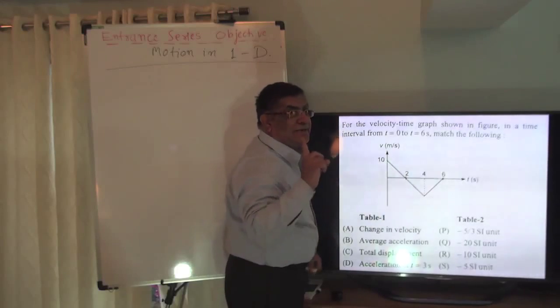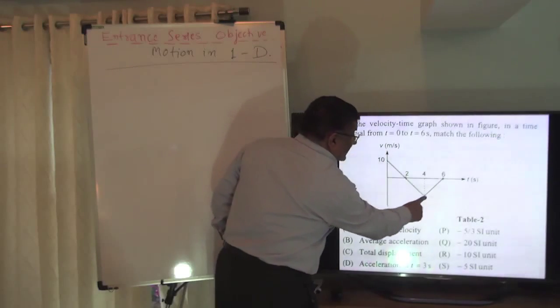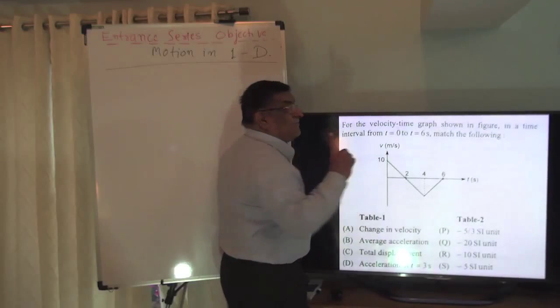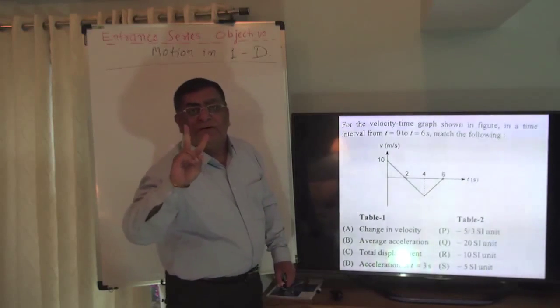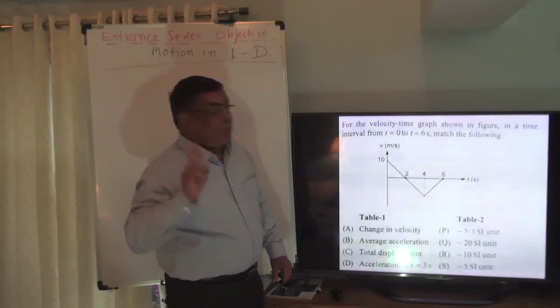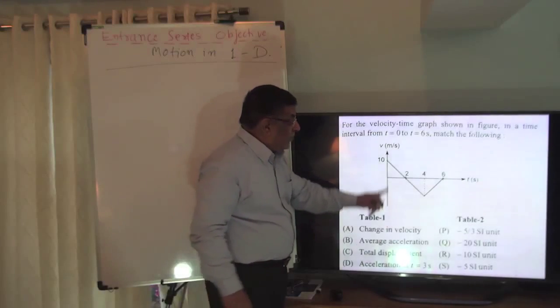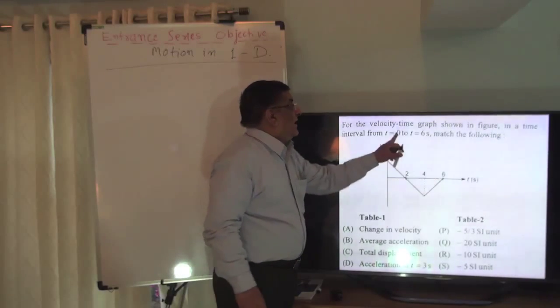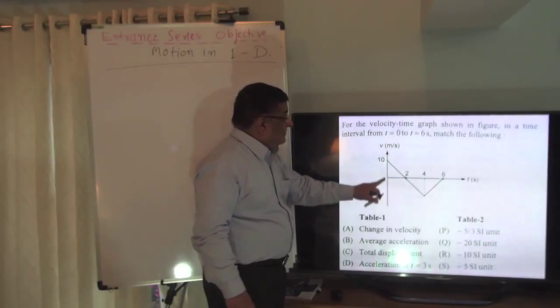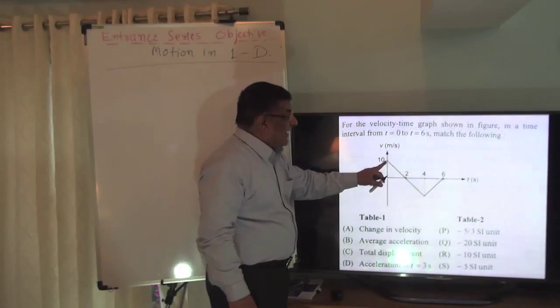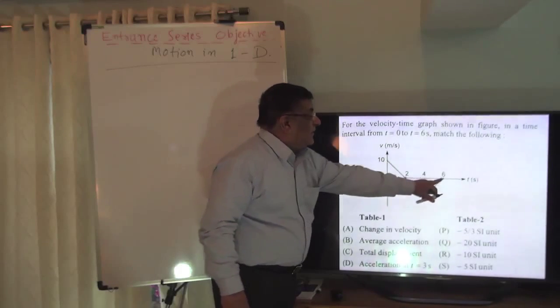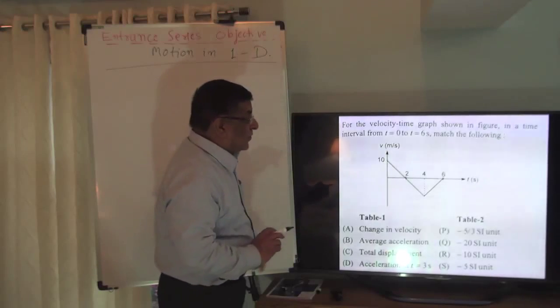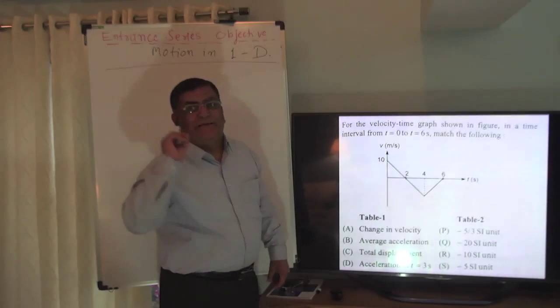Do not get carried away with this line. You have to see only 2 locations, when time is equal to 0, when time is equal to 6. When time is equal to 0, velocity is 10. When time is equal to 6, velocity is 0. So, how much is the change?